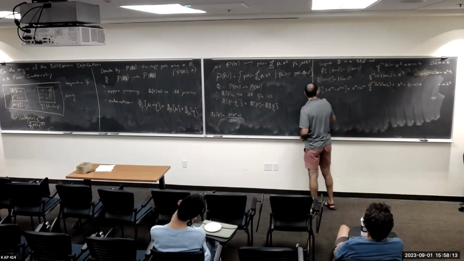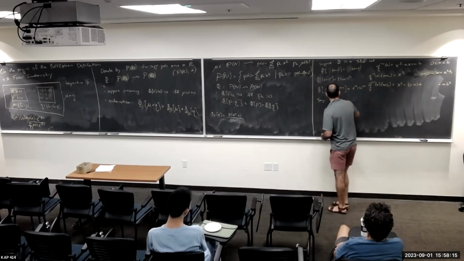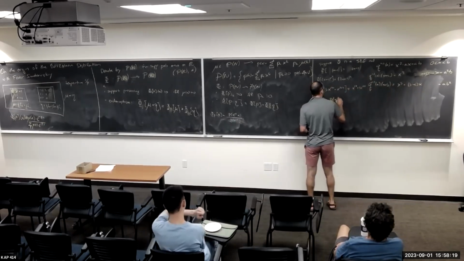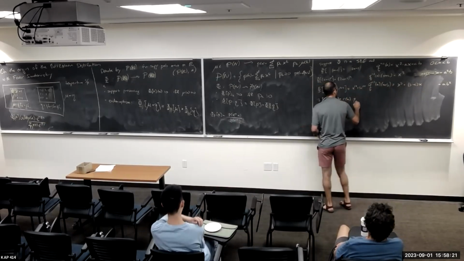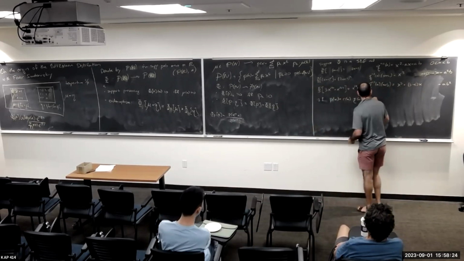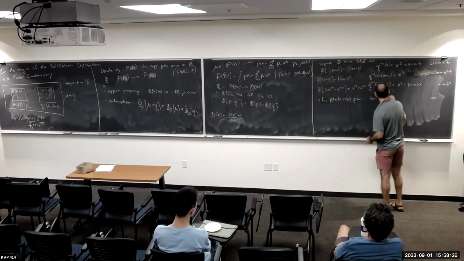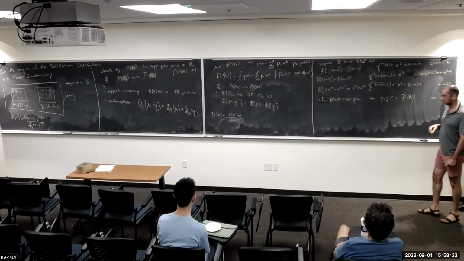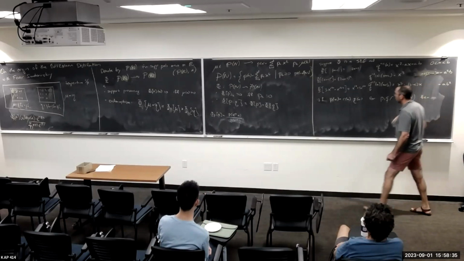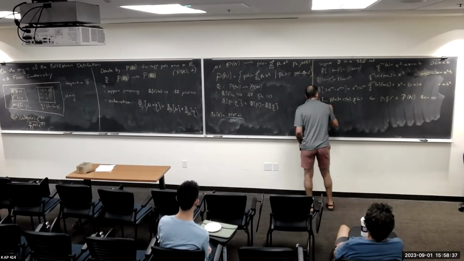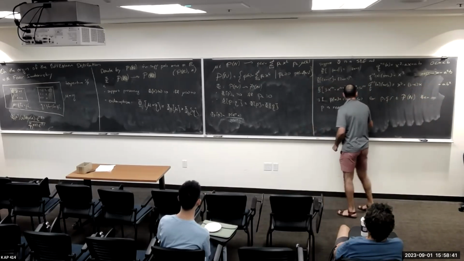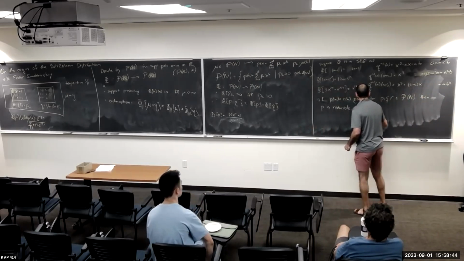I'm going to say that if p of x is equal to some r of x times q of x, and this is for p, q, and r, all in the set of polynomials that I'm interested in, then I'm going to say that p is reducible. Otherwise, it's irreducible.